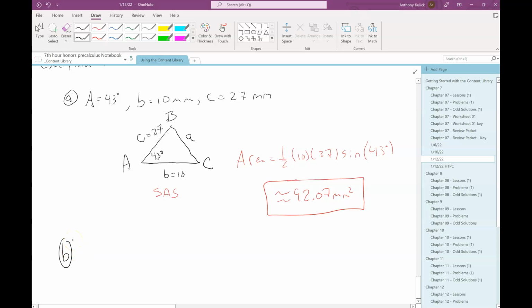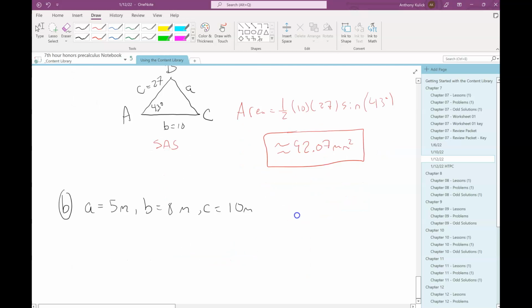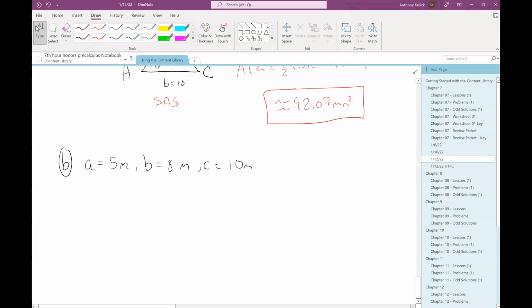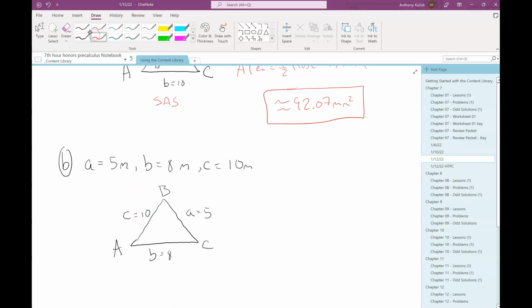What if we do, say, this one, where we have side A is 5 meters, side B is 8 meters, and side C is 10 meters. Again, I'll start by drawing and labeling my picture.